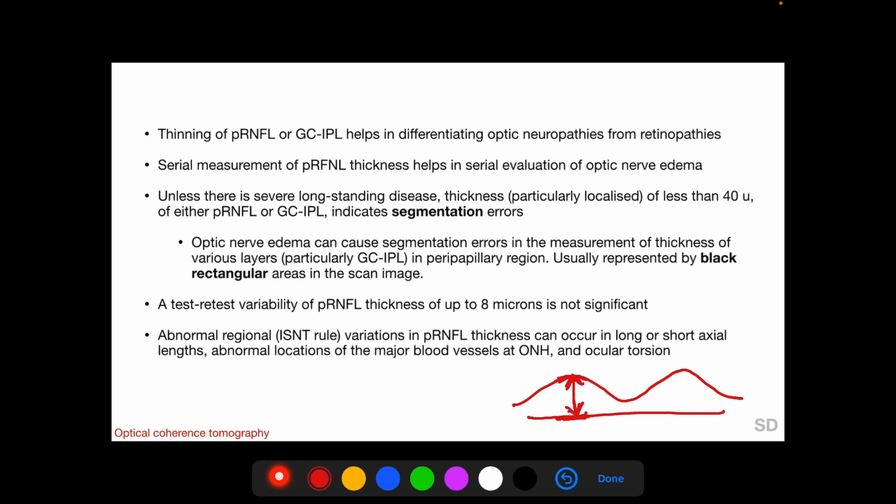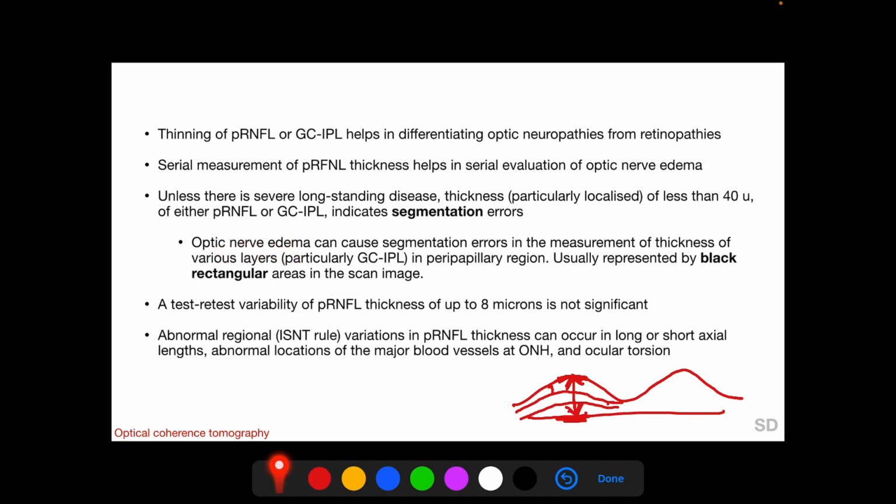So identifying this layer and identifying this layer is called segmentation, and only if segmentation is accurate will the resulting thickness measurement be accurate, and segmentation holds for any other layer of the retina. So if we wish to measure thickness between these two, maybe the GC-IPL, this identification of the layer or the boundary between two layers is called segmentation.